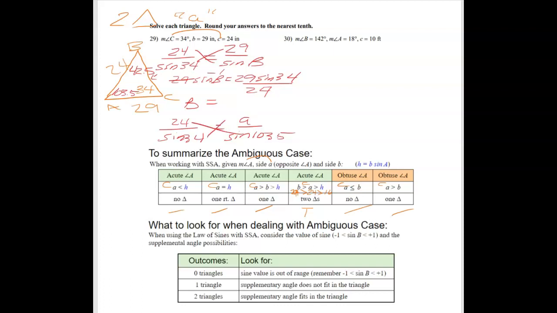Cross multiply, divide, so 24 sine of 103.5 divided by the sine of 34. Oops, I hit the wrong button. Let me try that again. 24 sine 103.5 divided by the sine of 34. Alright, so that side is 41.7.